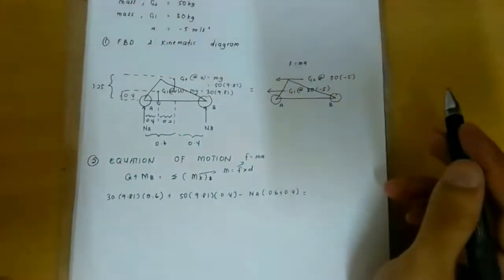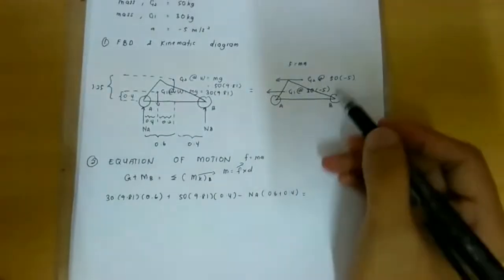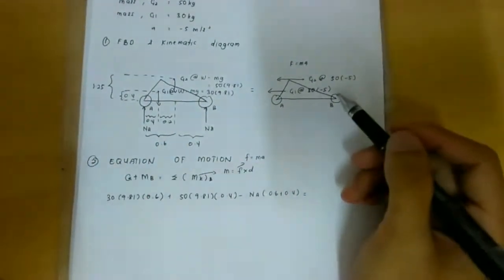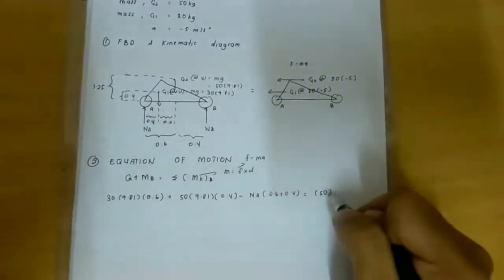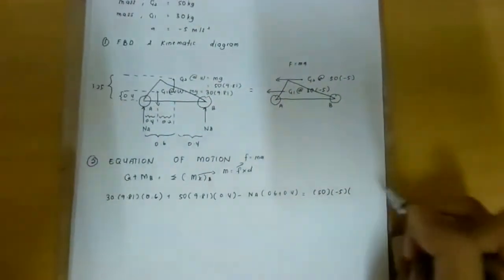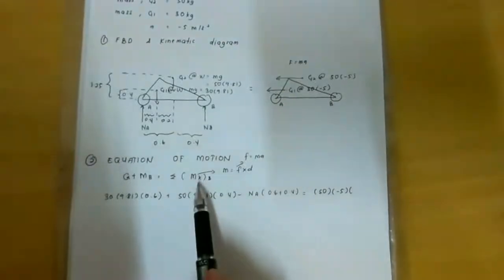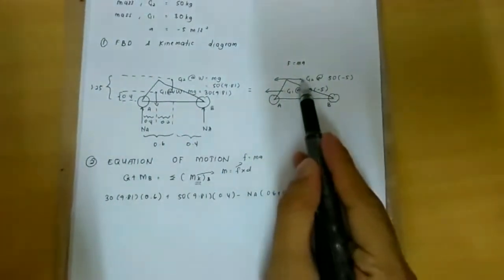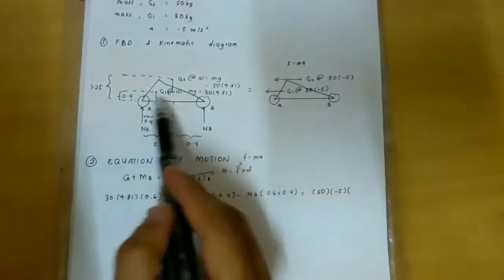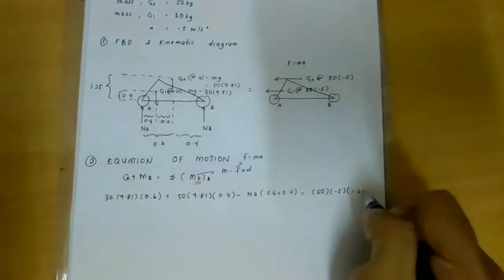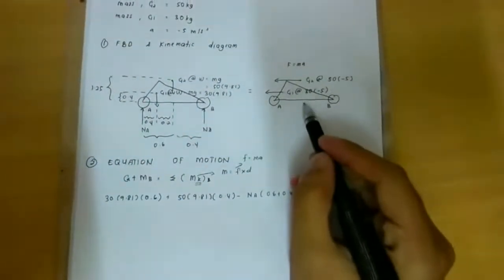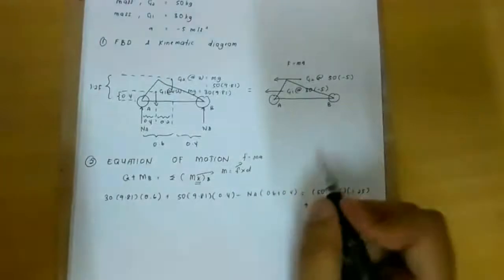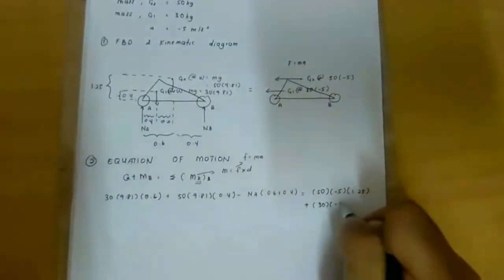From the kinematic diagram, given mass and acceleration, 50 times negative 5 times the y component distance from G2, which is 1.25 meter, plus 30 times 0.5, and the distance is 0.4.